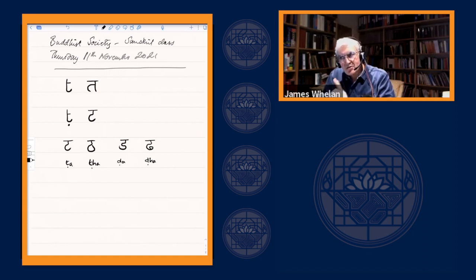If you look at the scripts of southern India, particularly Malayalam and Sinhala, they're much more wiggly and curly. And maybe they borrowed these symbols to represent these wiggly, curly letters.